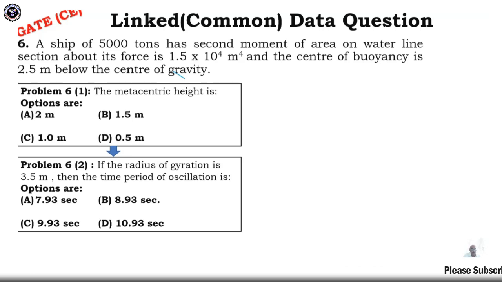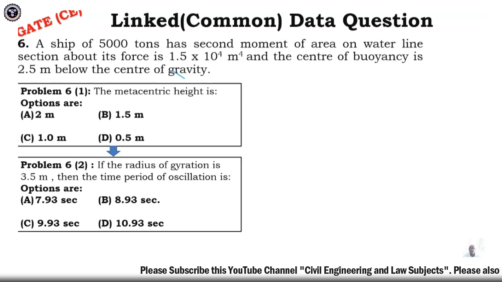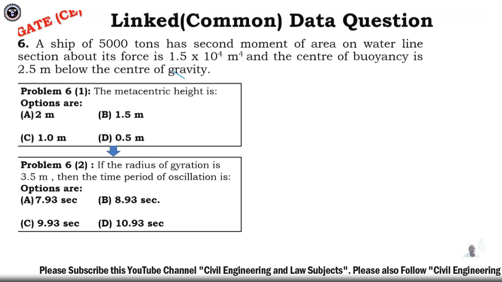A ship of 5,000 tons has second moment of area on waterline section about its axis 1.5 into 10 raised to 4 m raised to 4 and the center of buoyancy is 2.5 meter below the center of gravity.